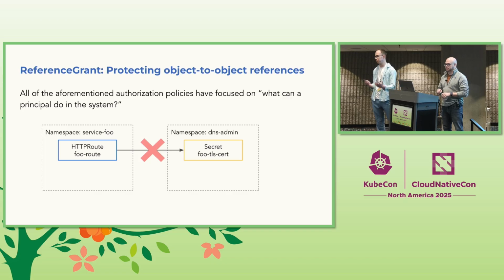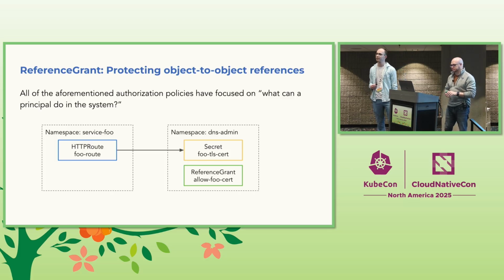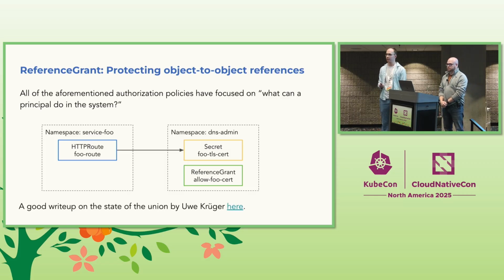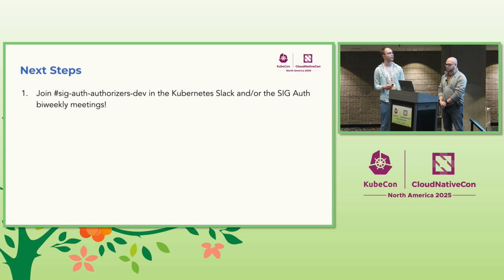This should, by default, not be allowed unless there is something in the namespace where the secret is that says it's okay to refer to this secret from this other namespace. So that's an example of what we could build on top of this, among other things.